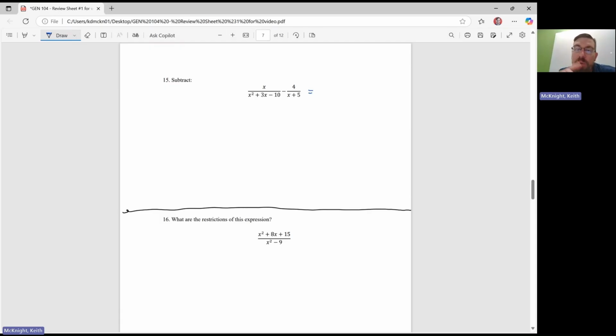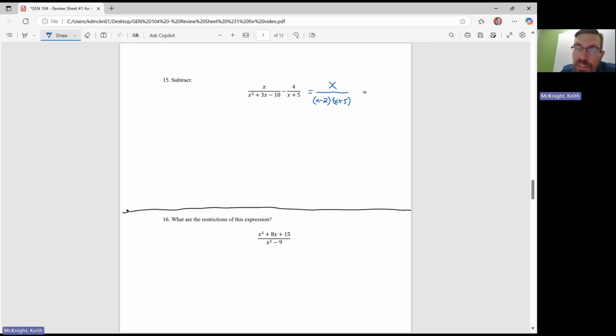So we need two things that multiply to negative 10 but add to 3. If we do that, we're going to be able to factor that first bottom into two polynomials. It's got to multiply to negative 10 and add to 3, so it's going to be x minus 2 and x plus 5, because 5 and negative 2 make negative 10, and then 5 plus negative 2 is 3.